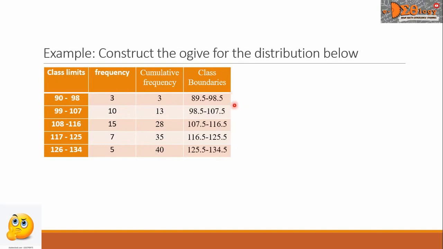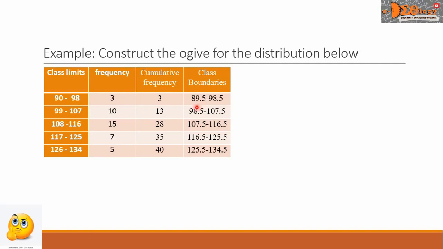Here are the numbers for the class boundaries. All these numbers to the left are called lower class boundaries, while these numbers on the right are called upper class boundaries. Let us consider the first class boundaries corresponding to the first class.